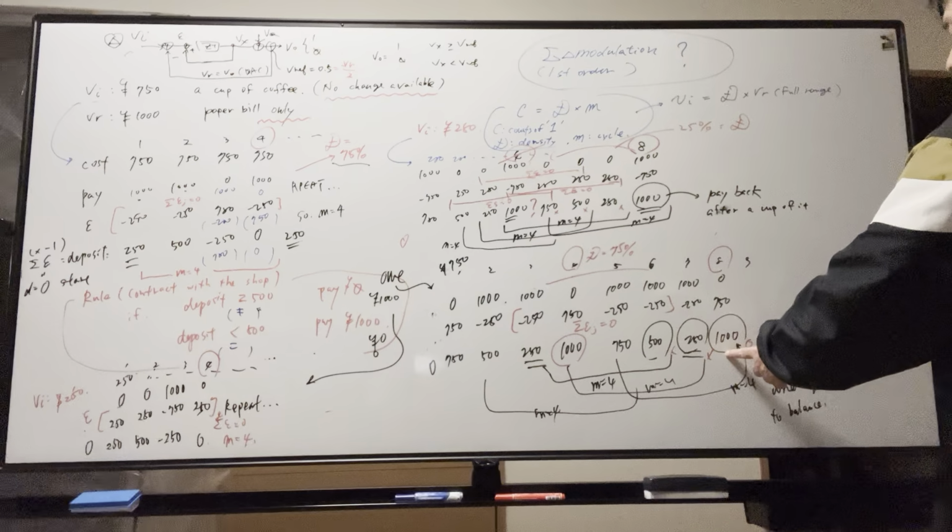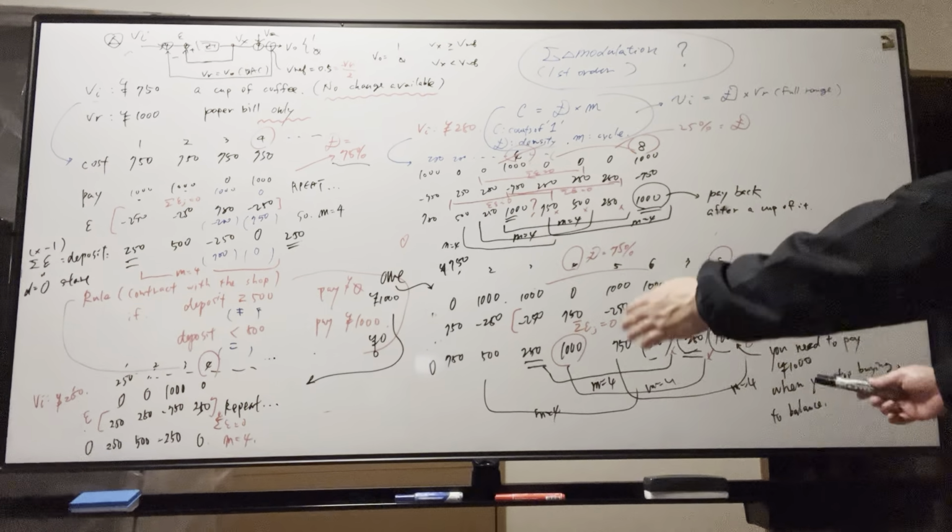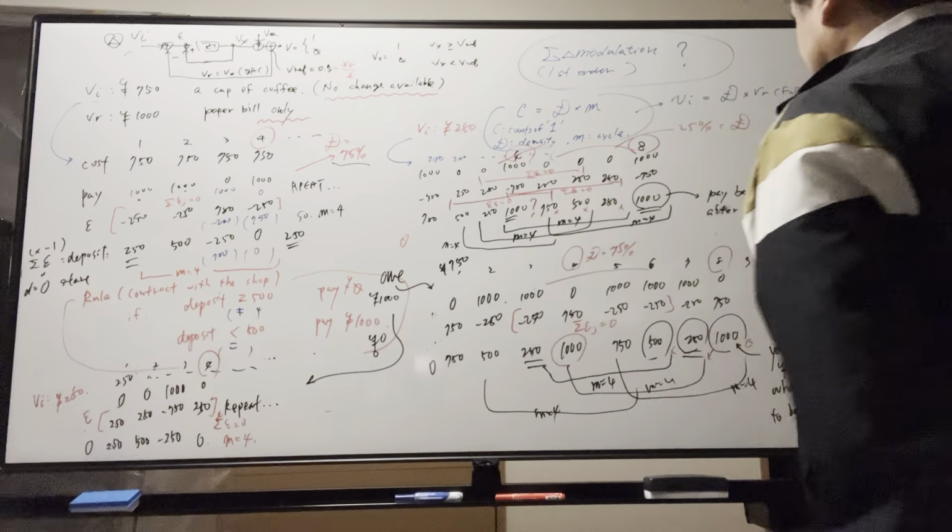At this moment, you can pay 1,000 and stop buying it, and it cancels out, the balance is completed.